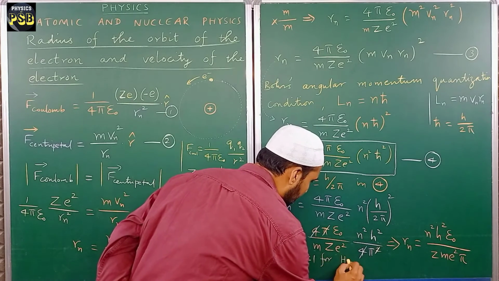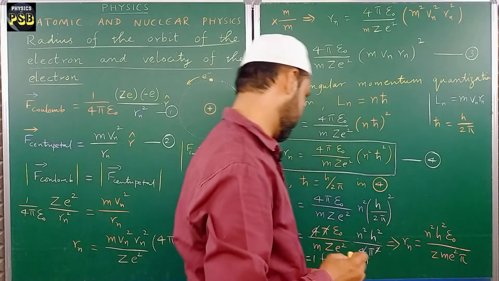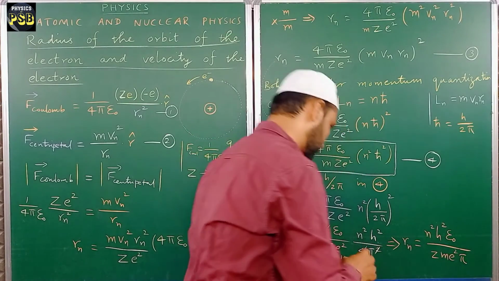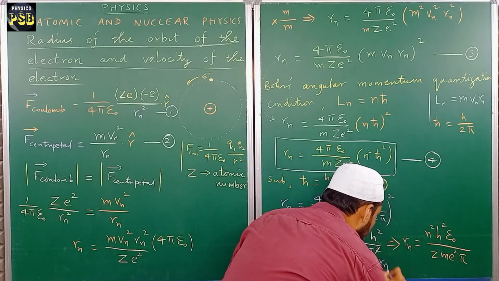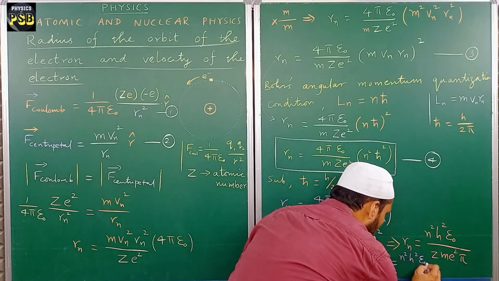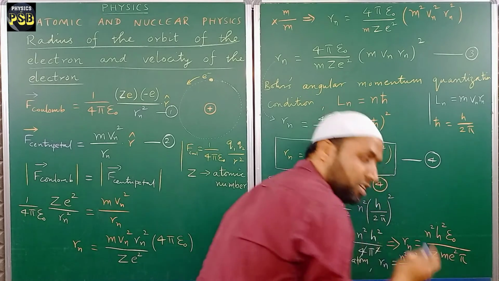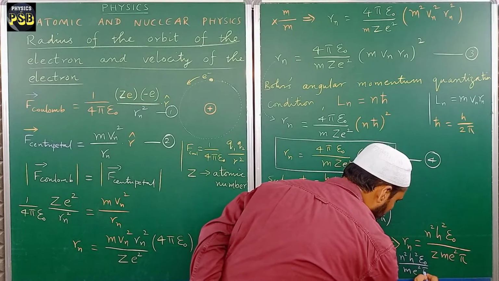For hydrogen atom, this equation becomes Rn equals n square h square epsilon naught, here in the place of Z we take 1, so I get m e square pi.